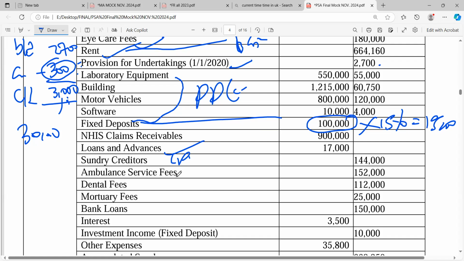Ambulance fees. Ambulance service fees, IGF. Okay, I'll take that. Dental fee and military fee. Mortuary fee.